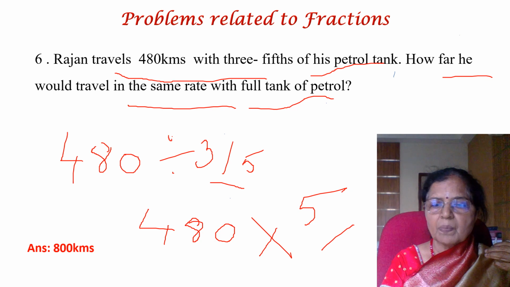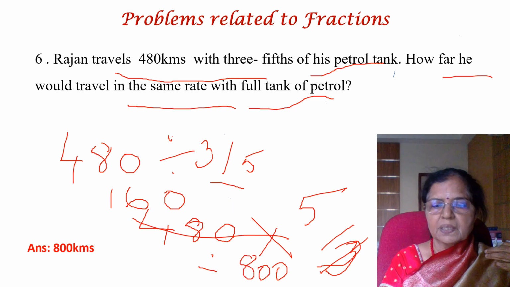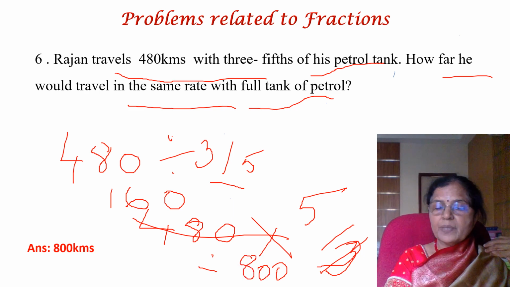Then multiply it. 480 divided by 3 is 160, times 5 is equal to 800. So you got it, 800 kilometers.